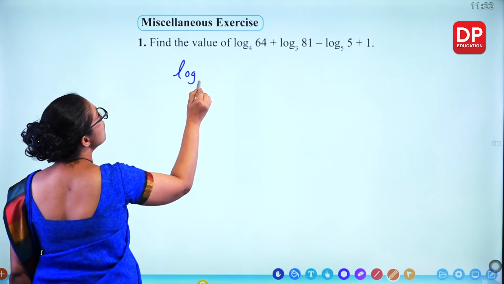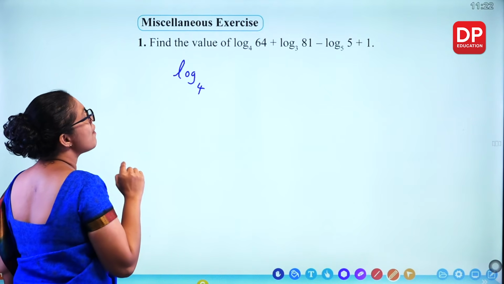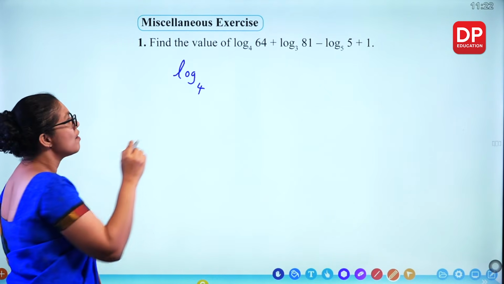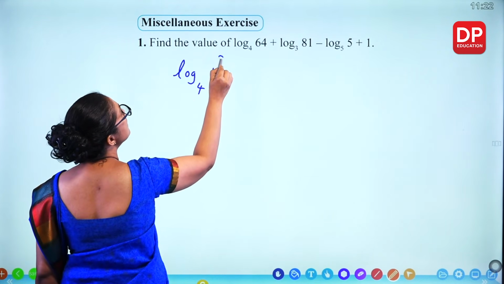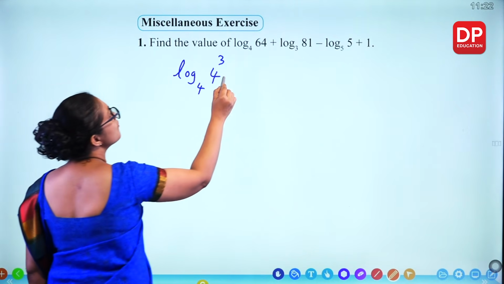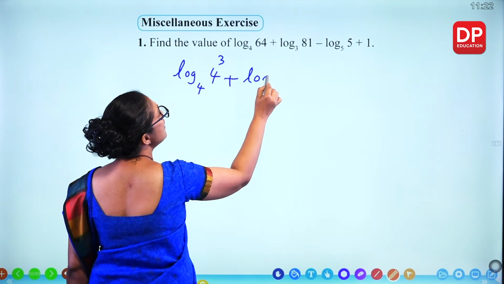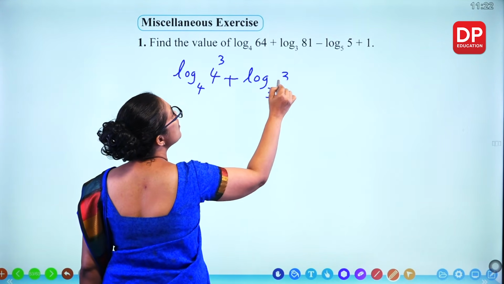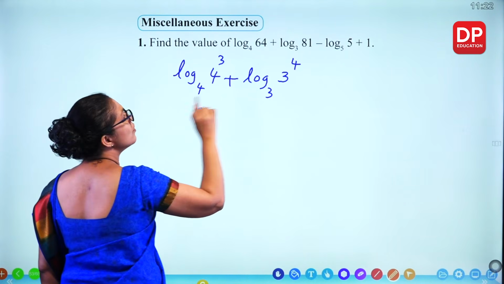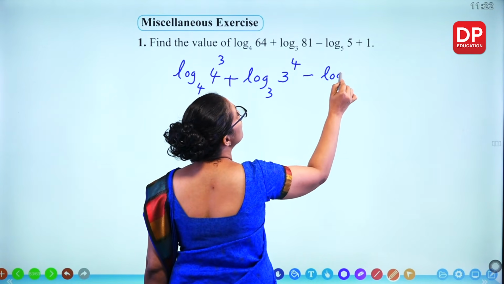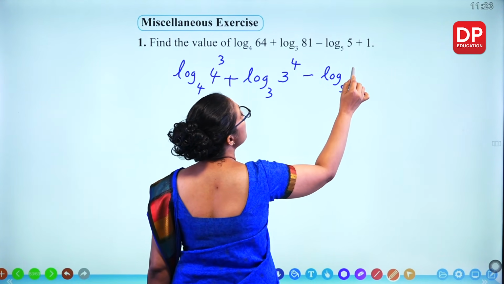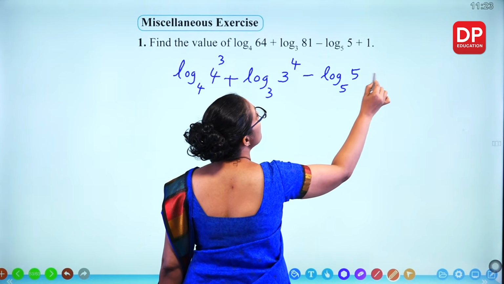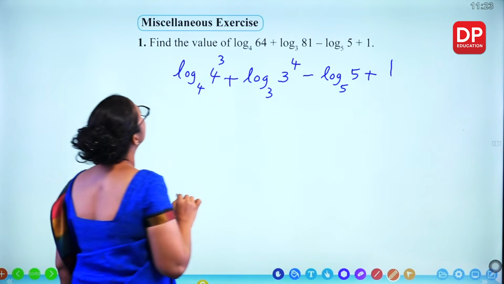Log 4, 64. 64 is 4 to the power 3. What about this one? 81, 3 to the power 4. This is 5 and 5 plus 1.